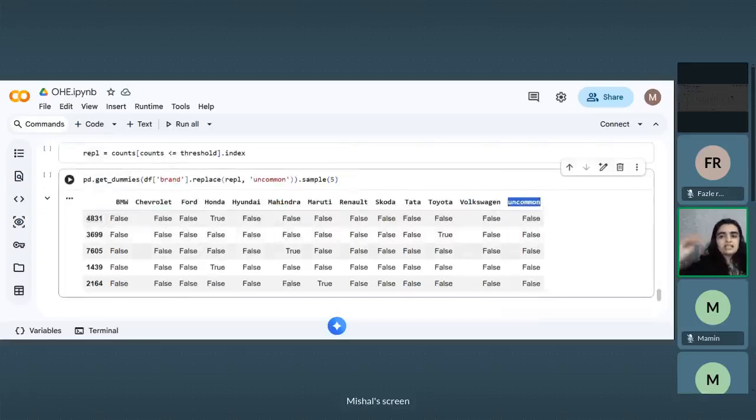If any car belongs to that specific category, then it will be true here and all others will be false. So that's how we somehow retain that information regarding the rare samples. Is it understandable, or does it make any sense?